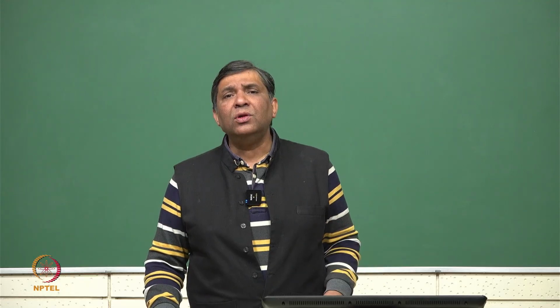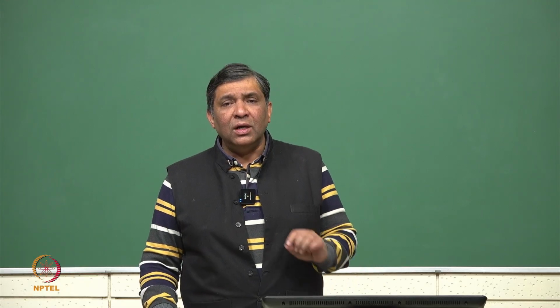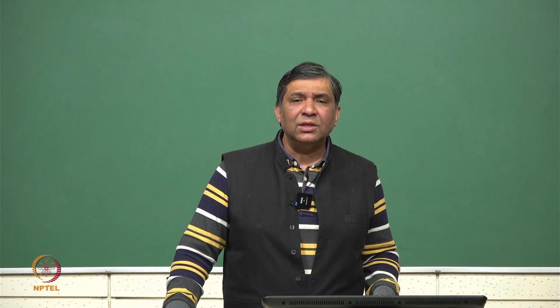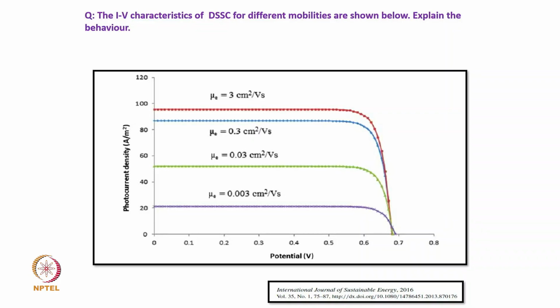One important controlling parameter is the mobility of the charge carrier. The IV characteristics of DSSCs with different mobilities are shown here, and we have to explain that graph. You can see that 4 IV characteristics are shown.